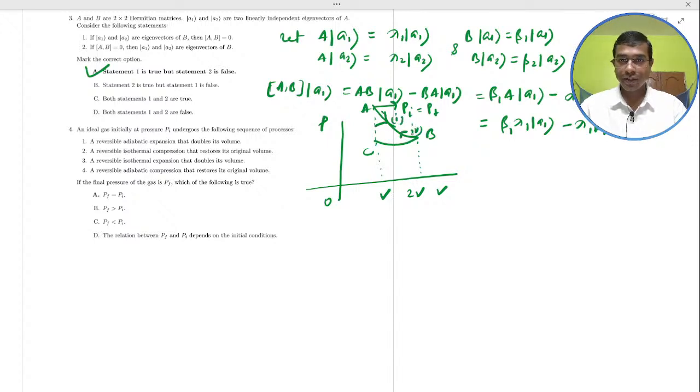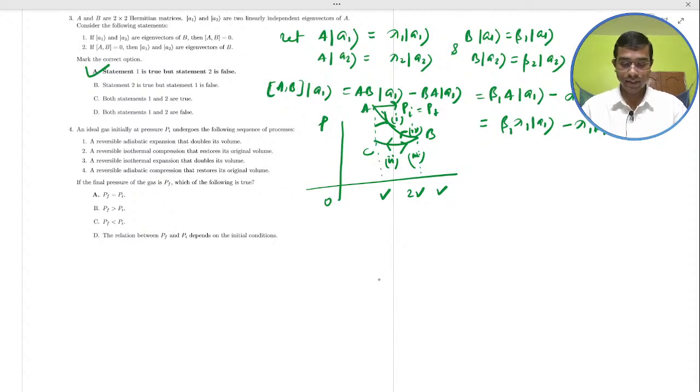This is the statement 1, this is the statement 4, this is the statement 2, because a reversible isothermal compression restores the original volume. And statement 3 is here, this path in this direction. Numbering ABC. So now the following 4 processes are involved.